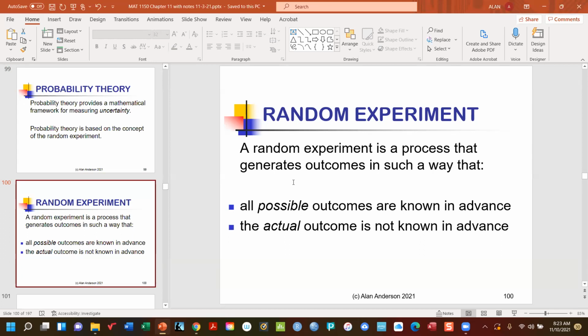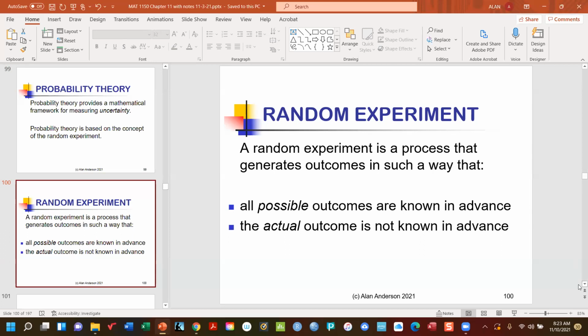If we knew what was going to happen, this wouldn't be random, and none of this would be necessary. If we could see the future, probability theory would be completely unnecessary. But obviously we can't, so we try to figure out what might happen based on our understanding of the process.